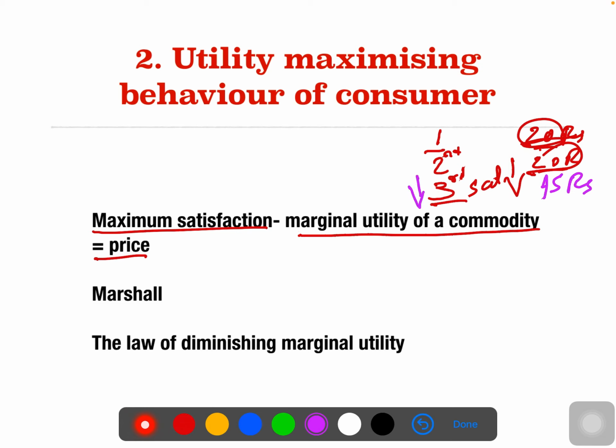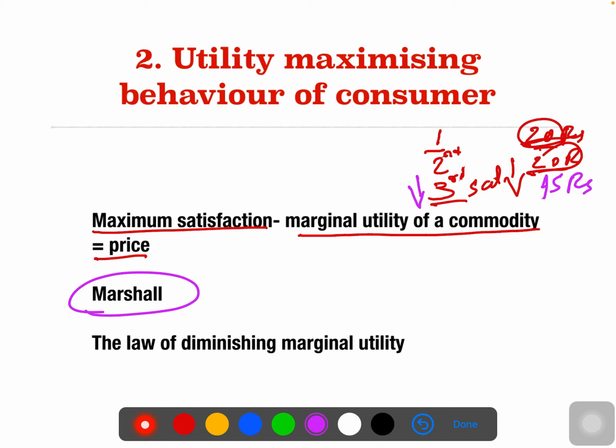In this way, I love to give lower prices as I continue my consumption. If I am demanding any good continuously, the satisfaction from it is going to come down, so I love to give lower prices for the good. This is called Marshall's theory.